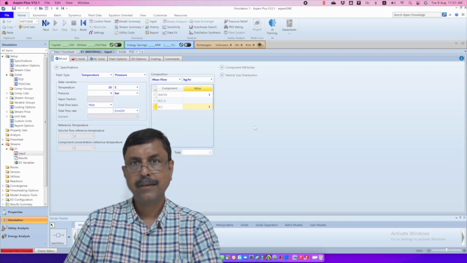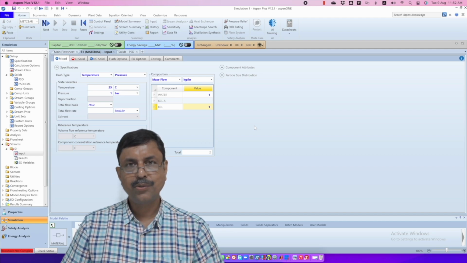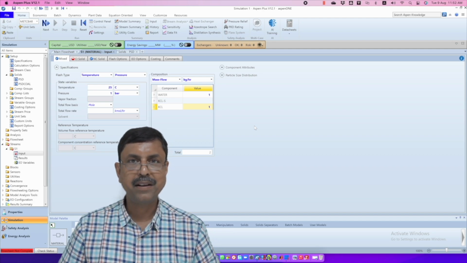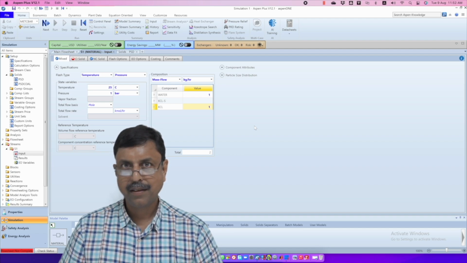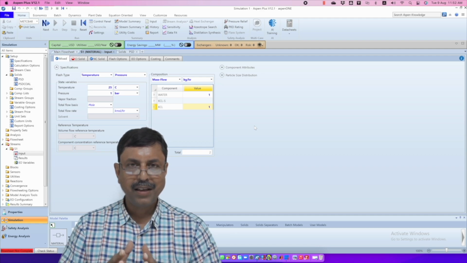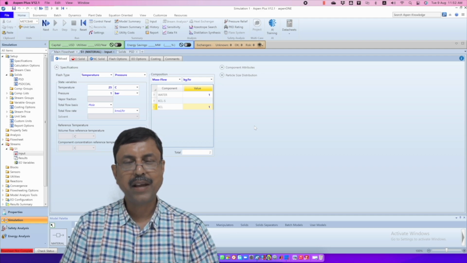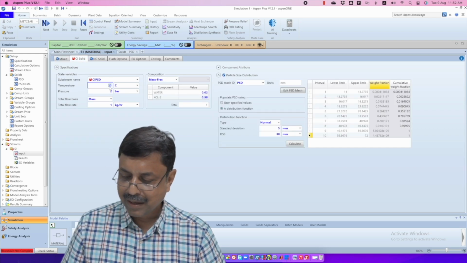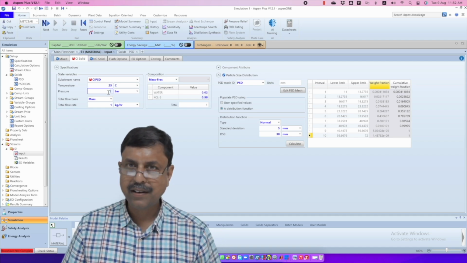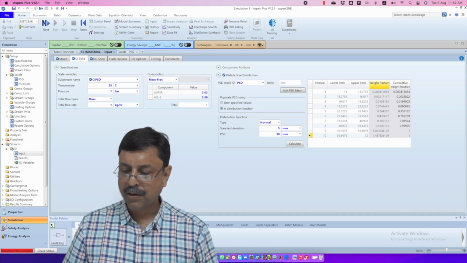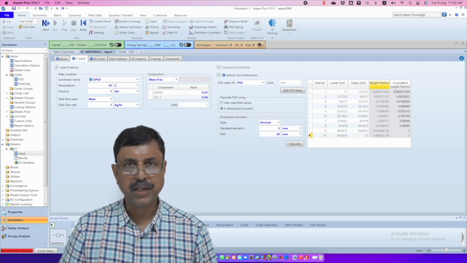So in a single stream we are choosing two substreams which have different temperature and pressure, and as per Aspen norms it is not allowed. Each and every substream should have the same temperature and pressure. So we have to choose 25 degrees centigrade and 1 bar pressure, and then only it will be blue ticked.